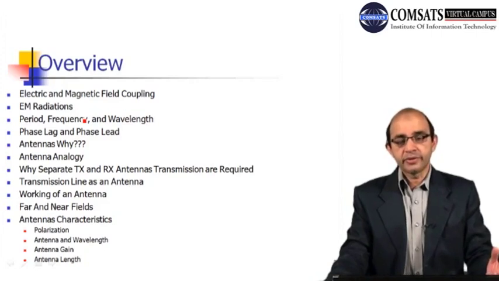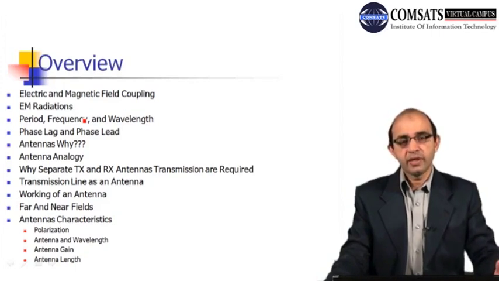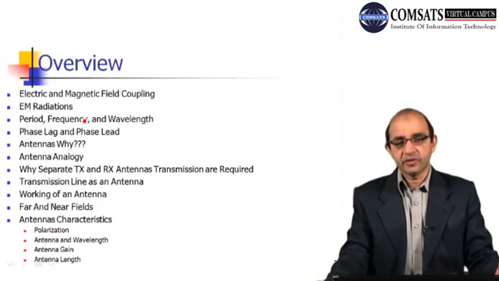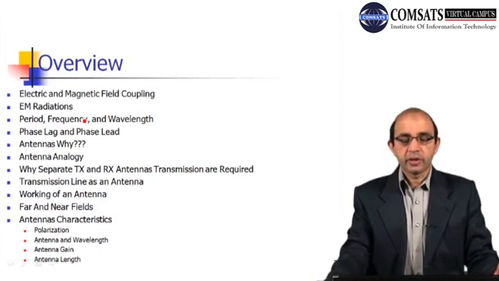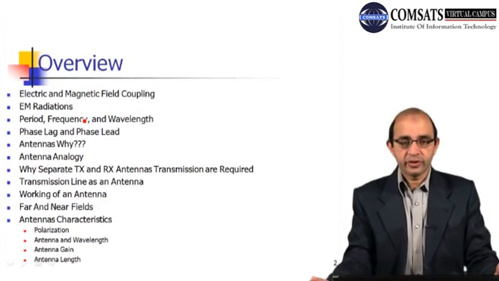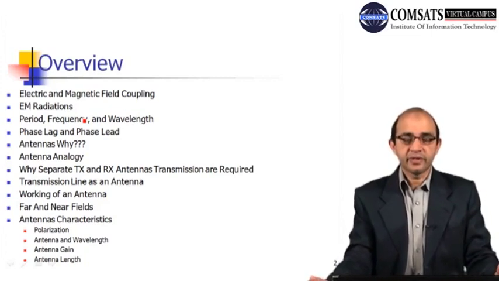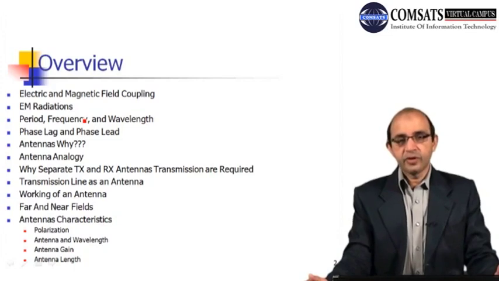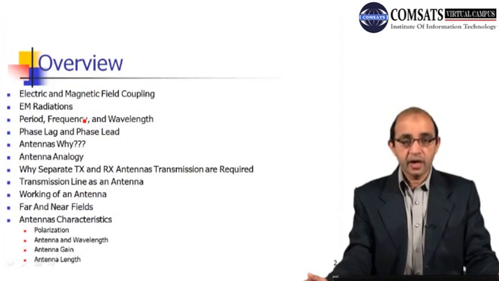Then, because we sometimes use one antenna for transmission and another antenna for reception, why do we need two antennas for transmission and reception respectively, though we have the option of a transceiver which performs both the transmission and reception functionalities? Then we can also convert a transmission line into an antenna, and how, we will be talking about this.